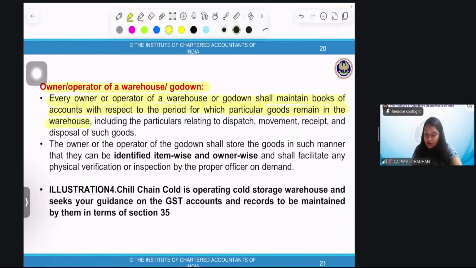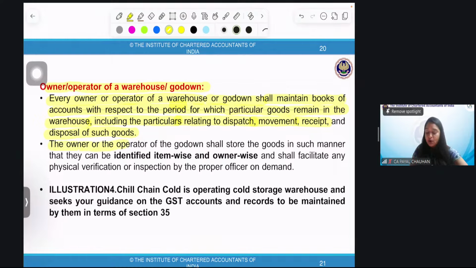Every owner or operator of a warehouse or godown shall maintain books of account with respect to the period for which particular goods remain in the warehouse, including the particulars relating to dispatch, movement, receipt, and disposal of such goods. How much I received, how much I supplied, and if it has been disposed of for any reason, complete information should be maintained.